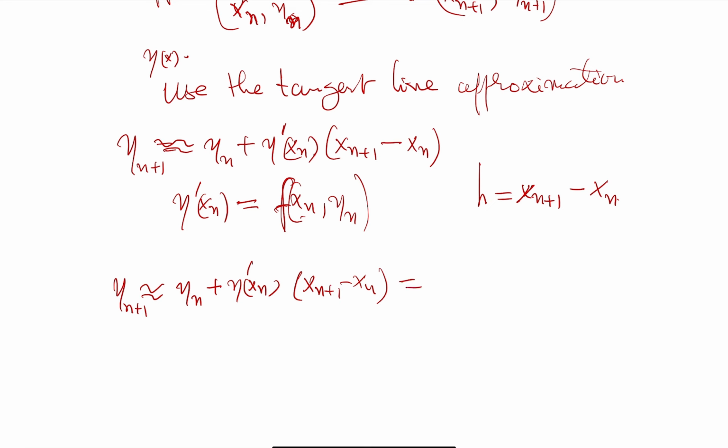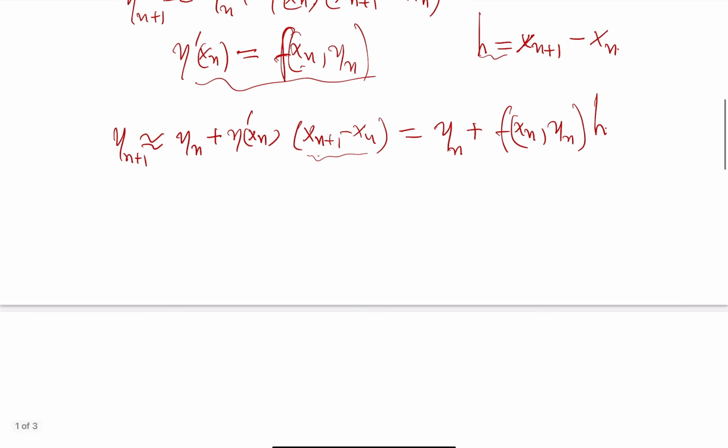So now here is just yn plus y prime. Remember here y prime is f(xn, yn). And the difference is just h, okay? Times h.